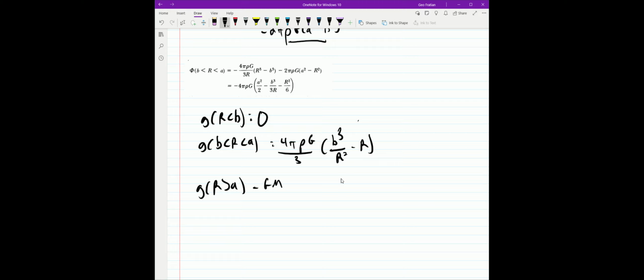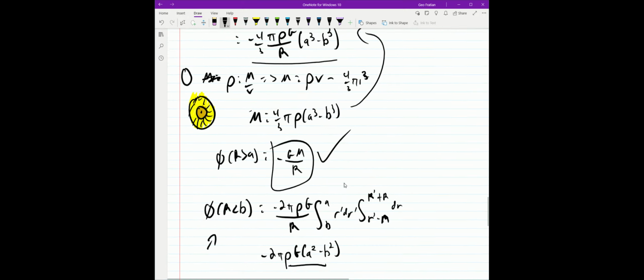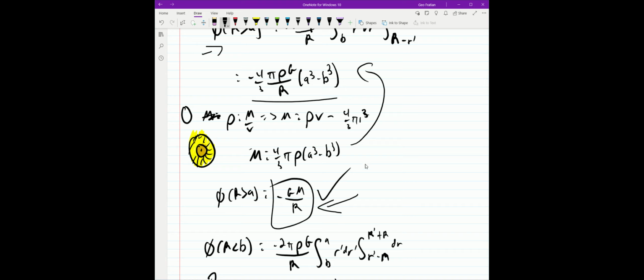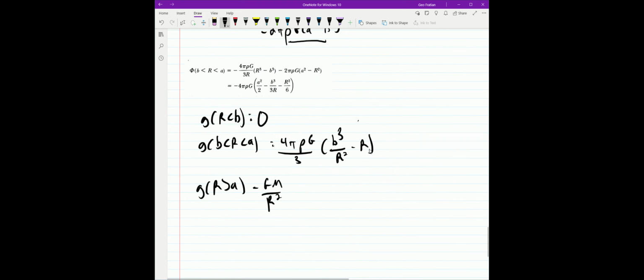We get negative Gm over r squared, right? Because we had just Gm over r right here. What's the derivative of 1 over r? 1 over r squared, right? Negative, but same thing. So yes. Excellent.